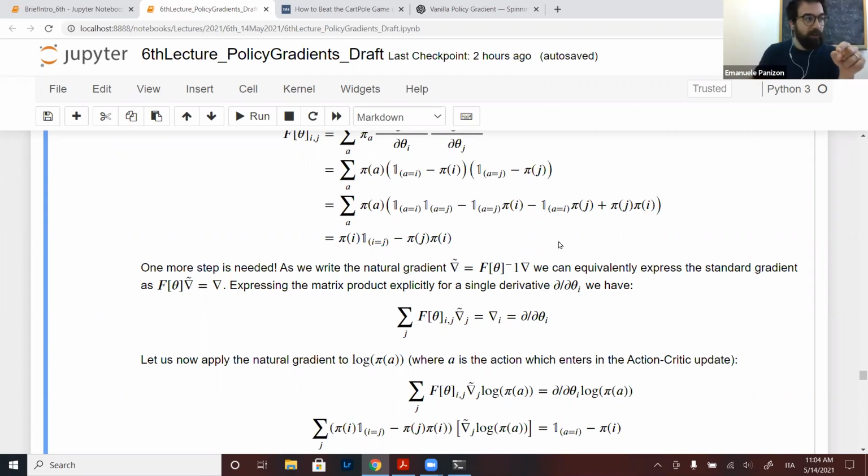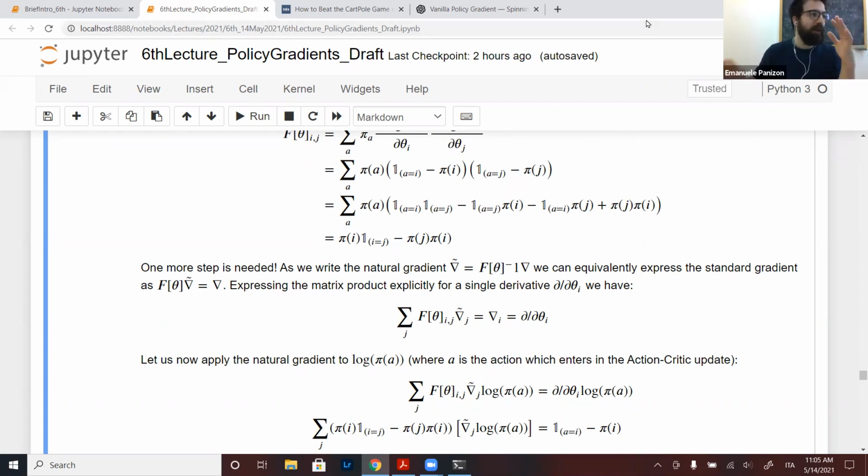For that reason, people found that there were simpler ways to deal with natural gradient. For example, there is a very simple way, which is clearly not elegant, and mathematically has no proof of convergence, but it has been shown to work well in certain cases, which is called PPO, clipped.